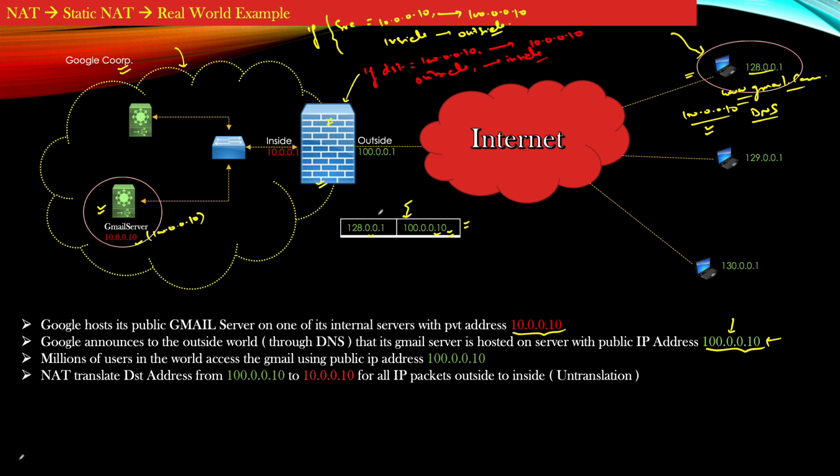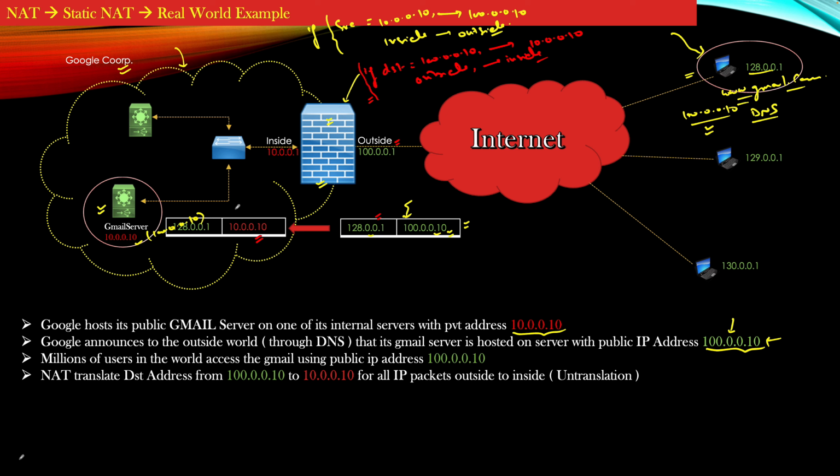Now, since this packet is hitting the outside interface of the Cisco ASA firewall device, the converse rule is going to be applied on this packet. The converse rule says to change the destination IP address of the packet from 100.0.0.10 to 10.0.0.10. So this would be the untranslated packet, because we have applied the untranslated rule, that is the opposite of what the user has actually configured on the Cisco ASA firewall device, right?